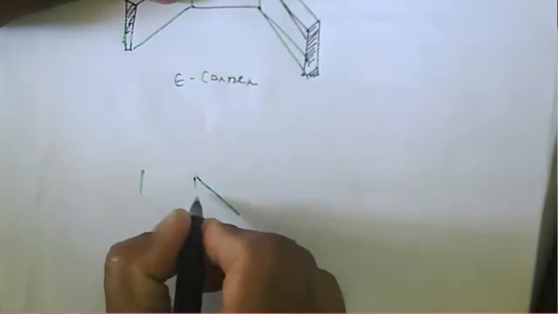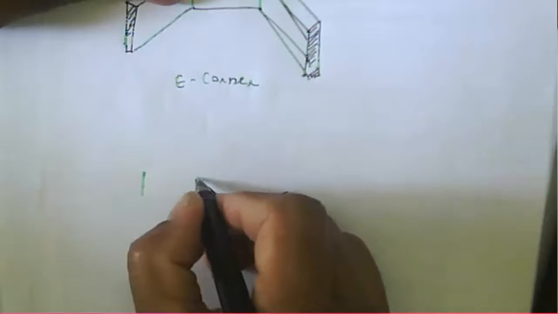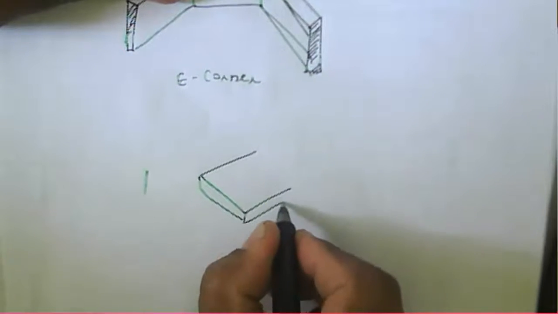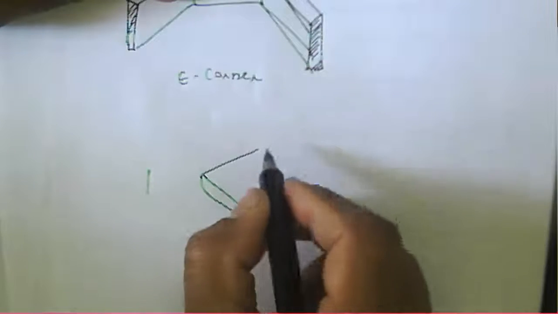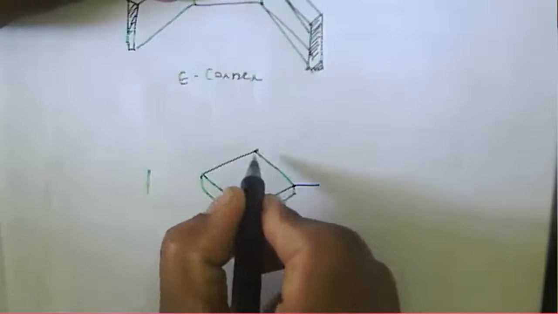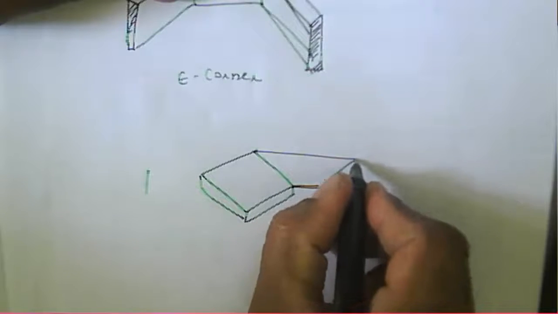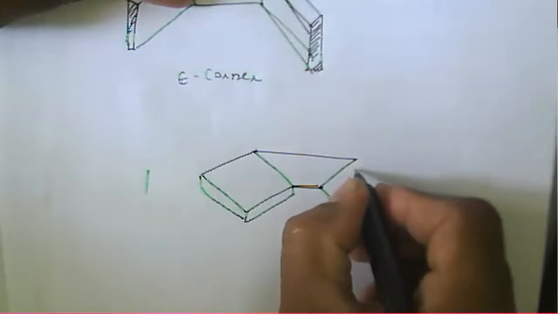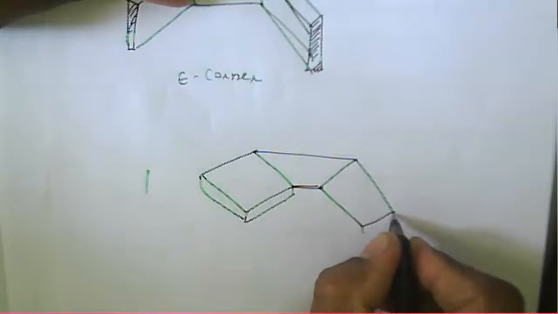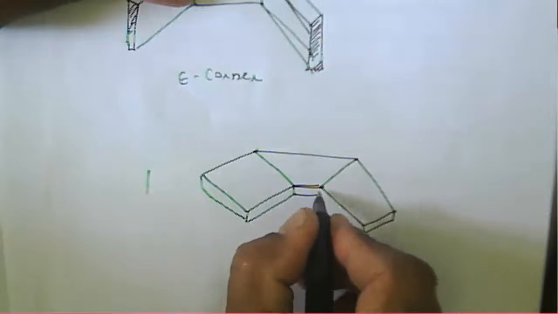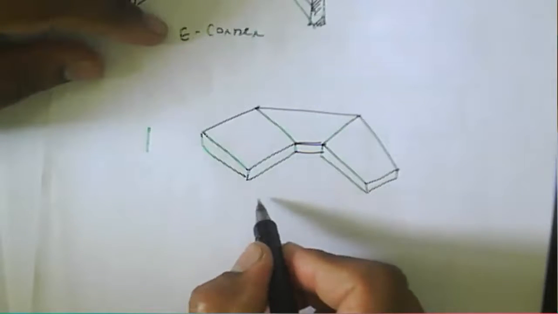Now this is about your waveguide. Say that this is your waveguide portion, and this is nothing but a corner here. In that case, here it is about the H corner.